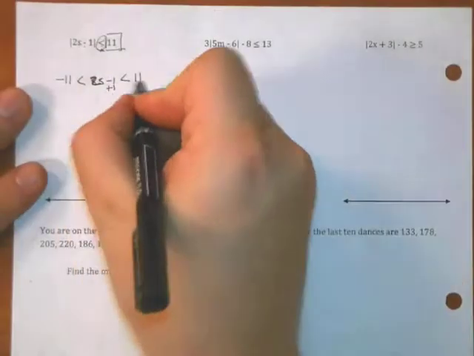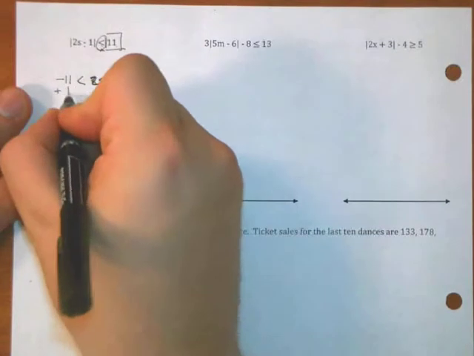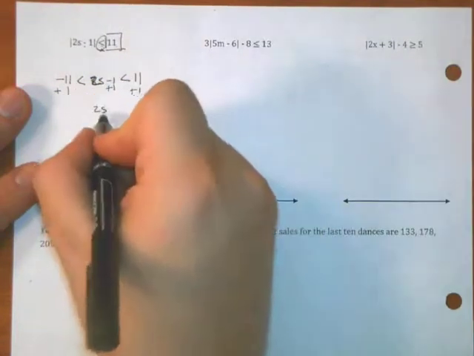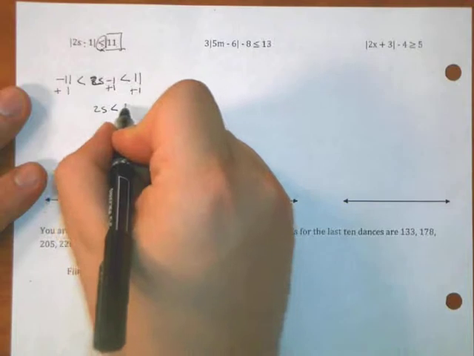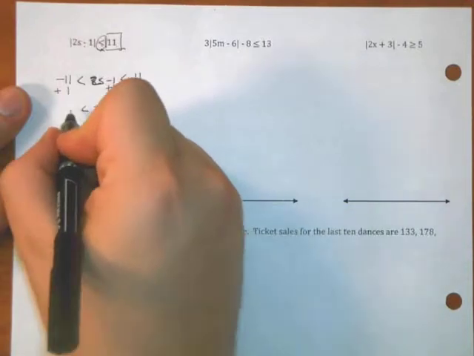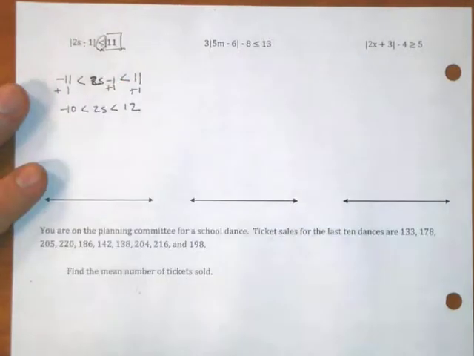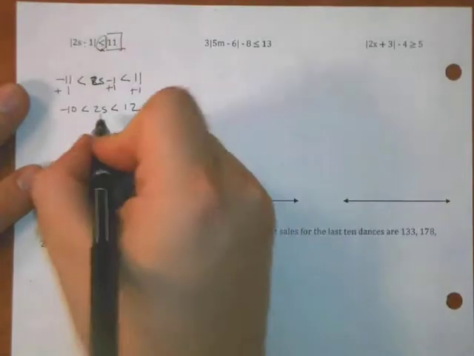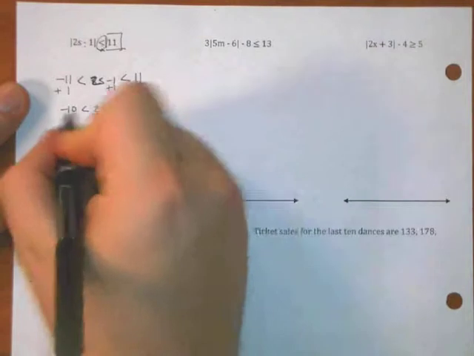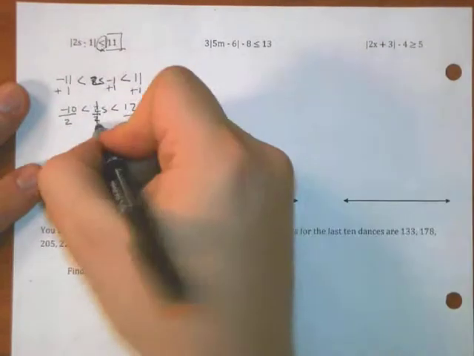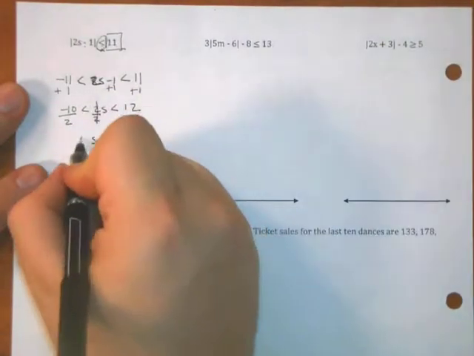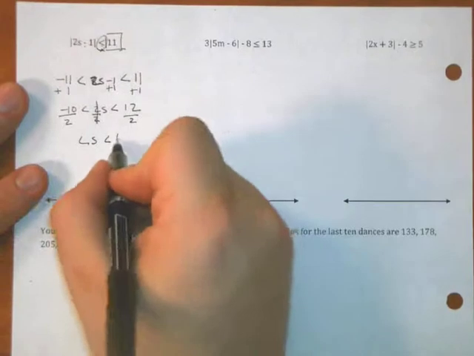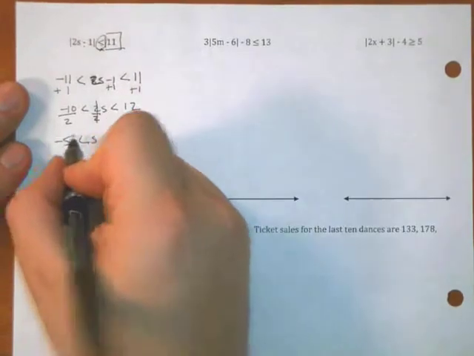If I add 1 in the middle, I'll add 1 to all sides. 2s less than 12, but bigger than negative 10. Now what? s is between 6 and negative 5.